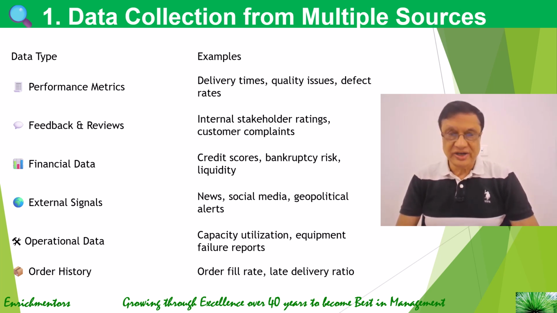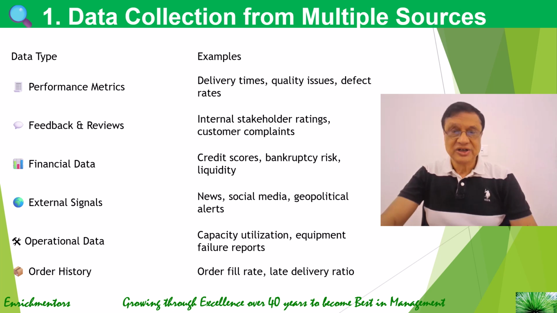You look at the financial data, credit scores, bankruptcy risk, and liquidity. You look at external signals like news, social media, geopolitical alerts. You also look at operational data like capacity utilization, equipment failure reports, etc. And also the order history, order fulfillment rate, late delivery ratio, etc. So you can gather all that structured and unstructured data related to the supplier's performance from multiple sources.